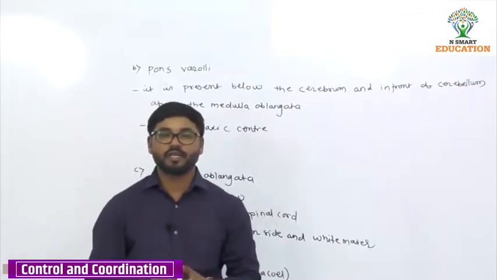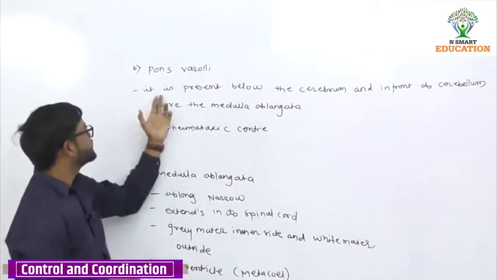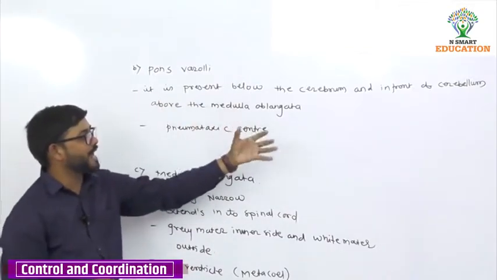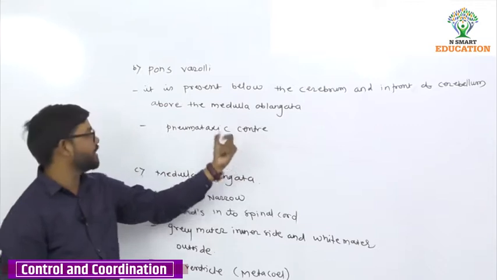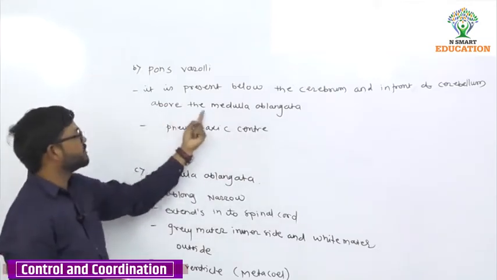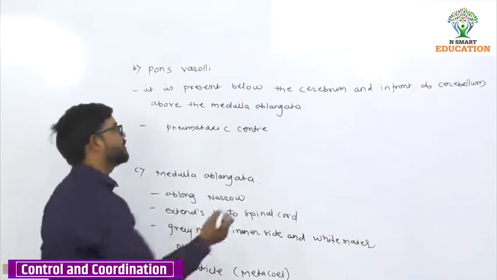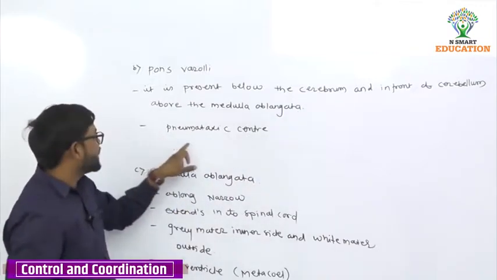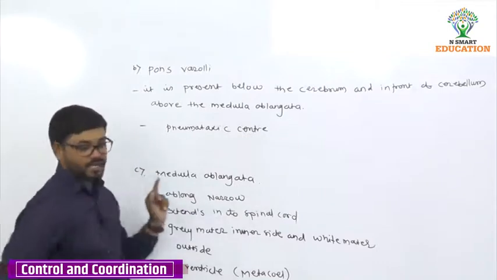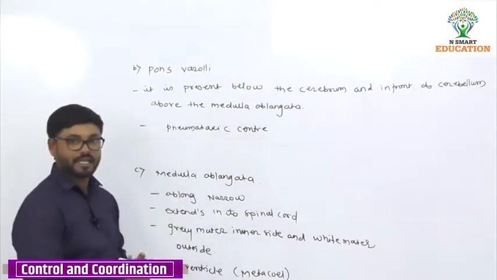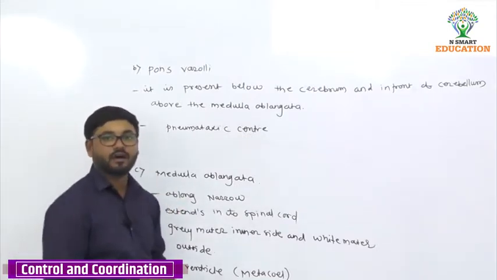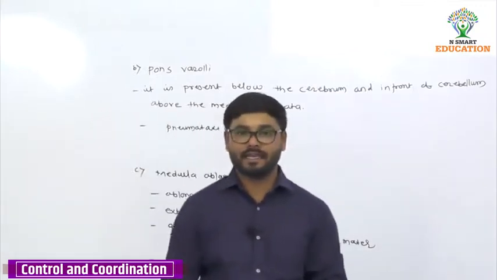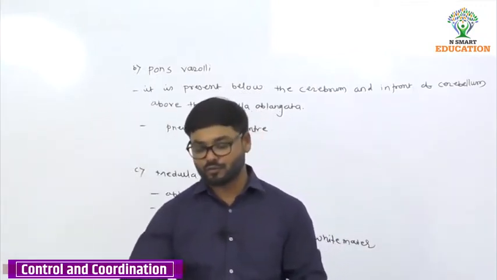Okay, now about particularly the pons varolii. It is present below the cerebrum and in front of the cerebellum, above the medulla oblongata. तो अपने को वहाँ पर above just medulla oblongata के just थोड़ा ऊपर मिलता है. यहाँ पर particularly pneumotaxic center होता है, particularly वो एक तरीके से यानी कि डेप्थ ऑफ जो भी रेट है, क्लियर है, that is depth of rate है, उसको वो कंट्रोल करता है.